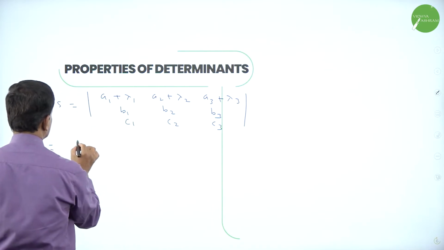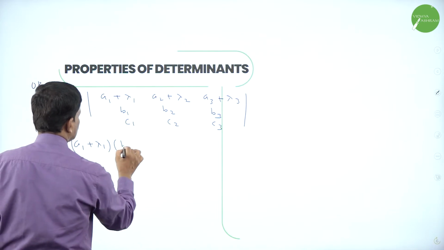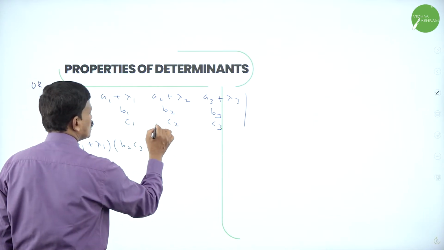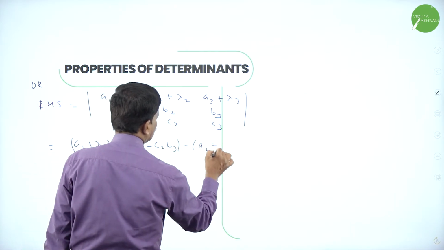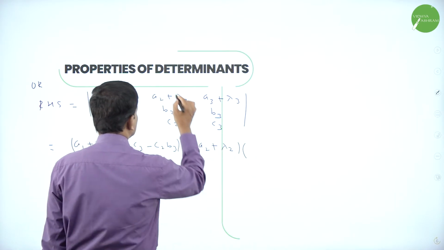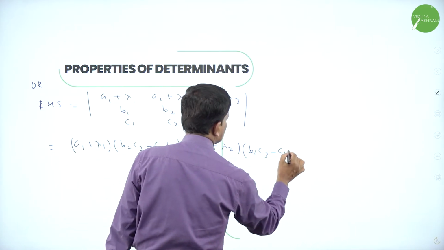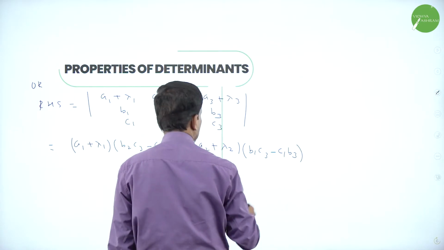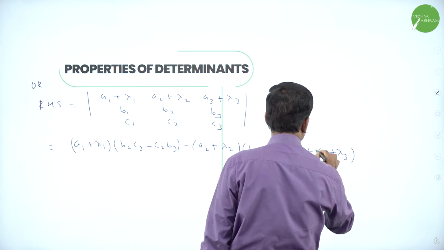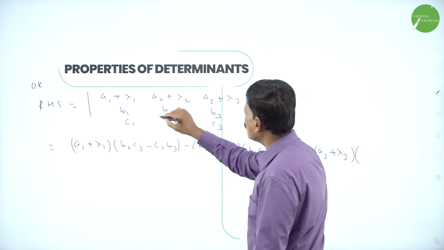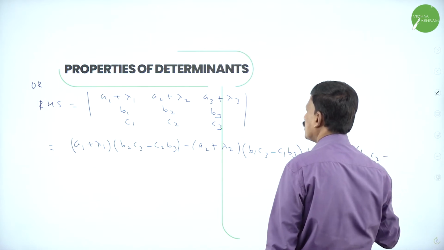Now expand like this: A1 plus lambda 1 into B2 C3 minus C2 B3, minus A2 plus lambda 2 into, this is gone, B1 C3 minus C1 B3, plus A3 plus lambda 3 into, delete this row, B1 C2 minus C1 B2.